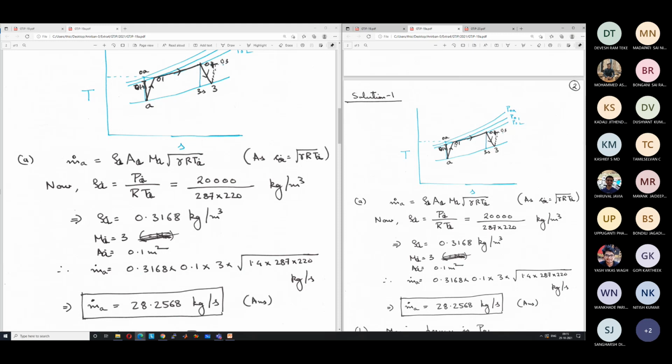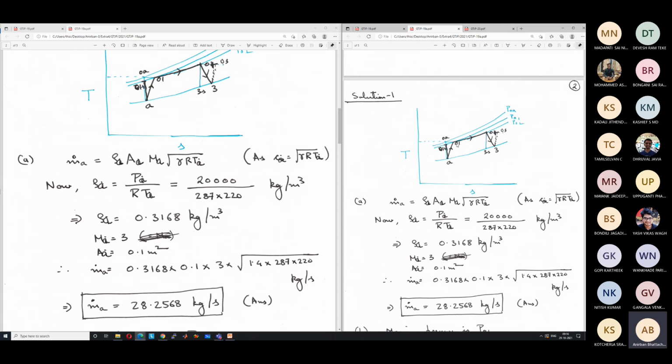You are correct that we have to use diffuser efficiency. First we have to find T0A, then we will know T01, since T0A is equal to T01. Then by diffuser efficiency we can find T01S. Then we can find P01. Good, so these will be the steps, right?